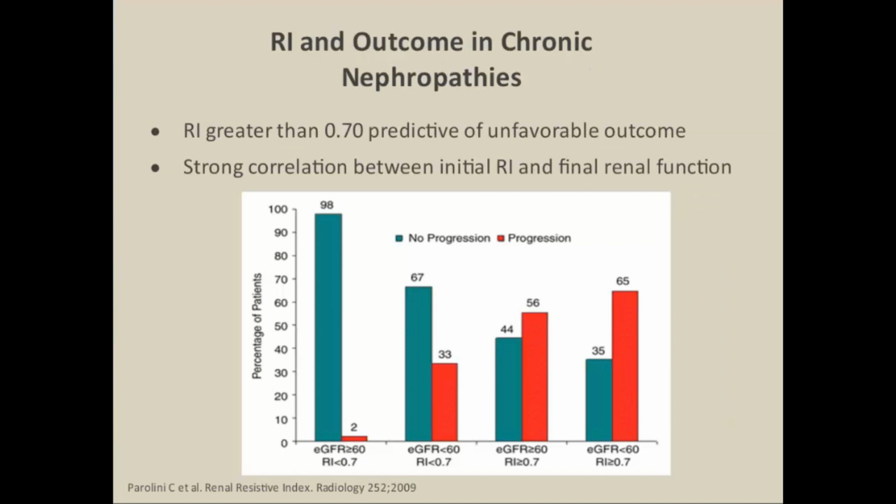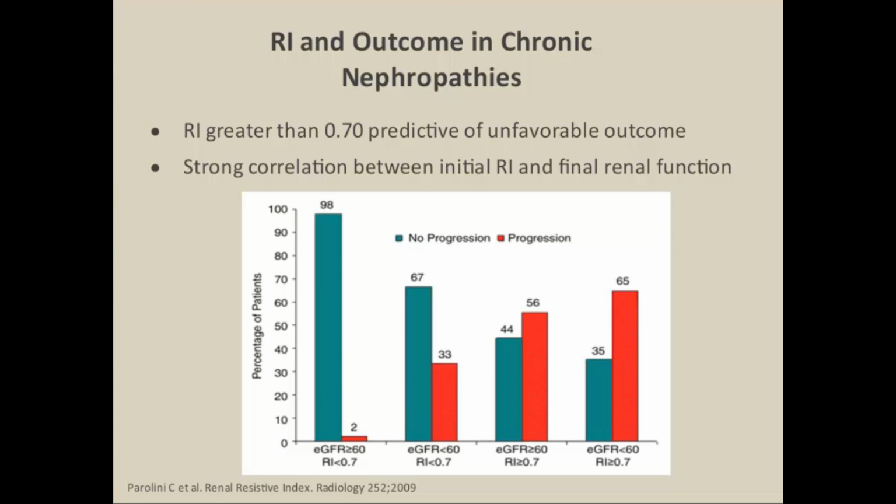And here's a very good article in Radiology a few years ago showing what happens when you have an RI greater than 0.8. The vast majority of people are going to progress to continued renal deterioration pretty rapidly within a 2-year period. So if the RI is below 0.7 and you have a good GFR, nothing much is going to happen to your kidney. It will be a normal kidney.